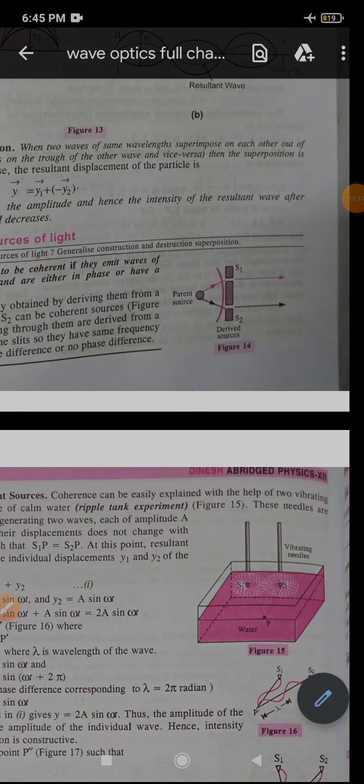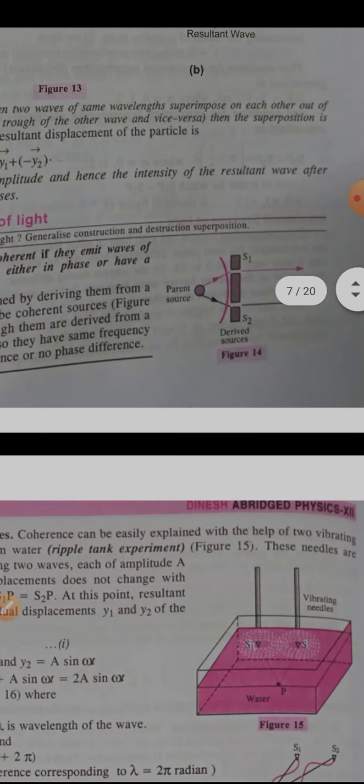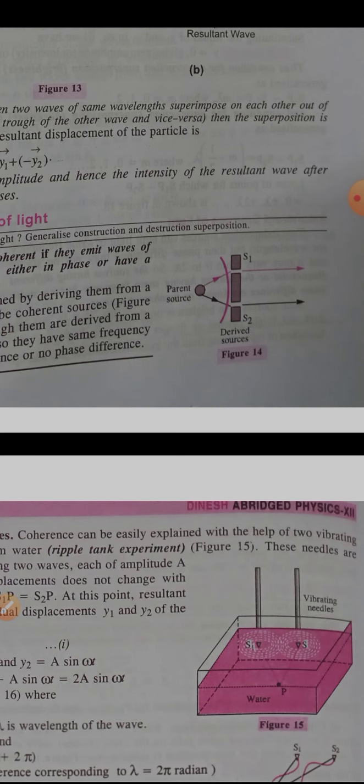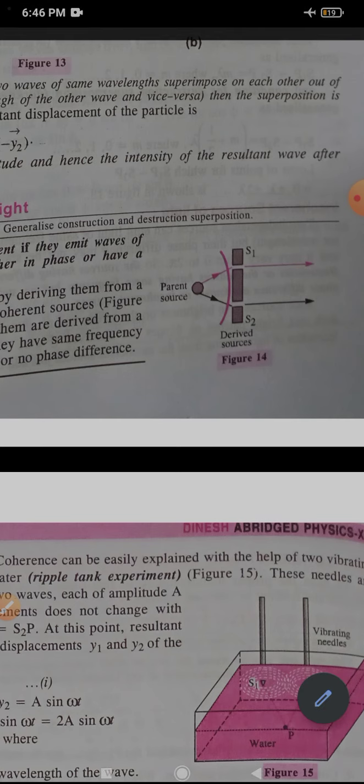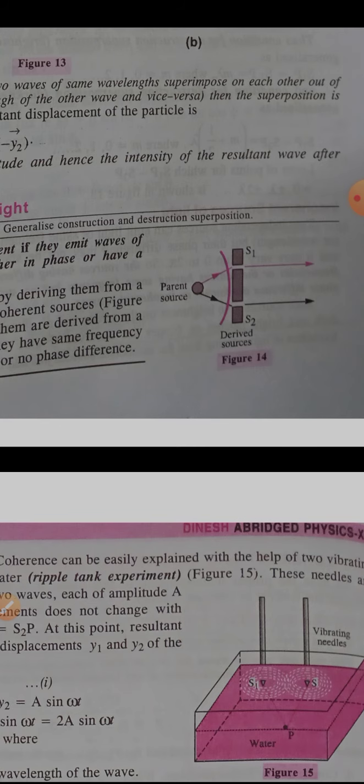From this parent source we are getting two coherent sources. That is, we have divided that source by using the two slits S1 and S2, and we are getting two other sources which have the same frequency or wavelength, and they are in phase or have a constant initial phase difference, so we can say that S1 and S2 are coherent sources.